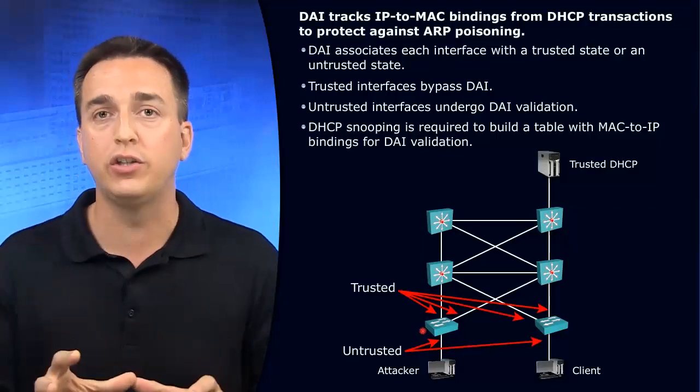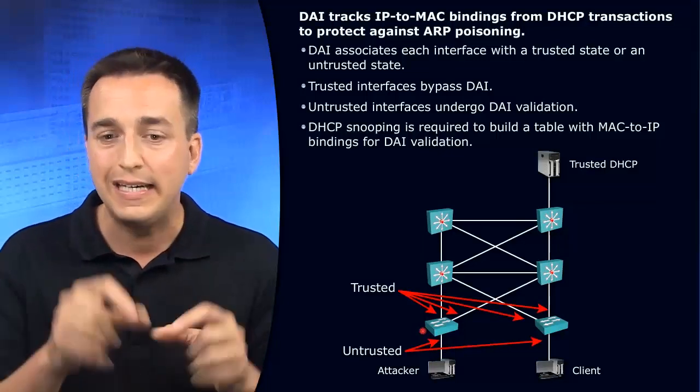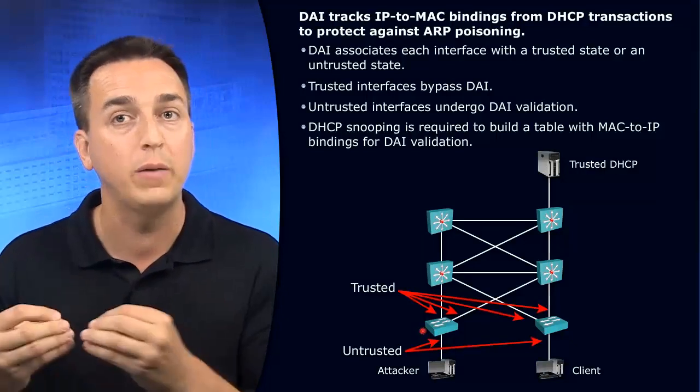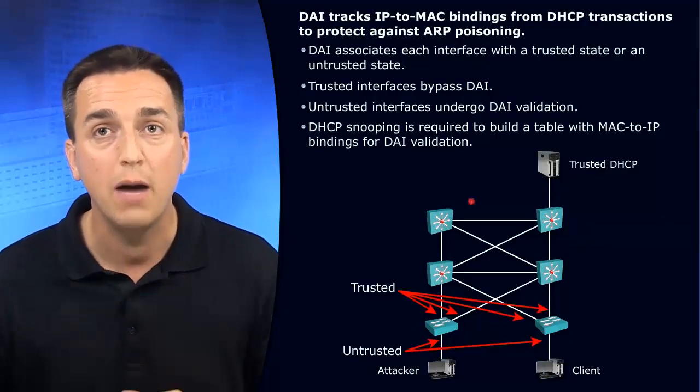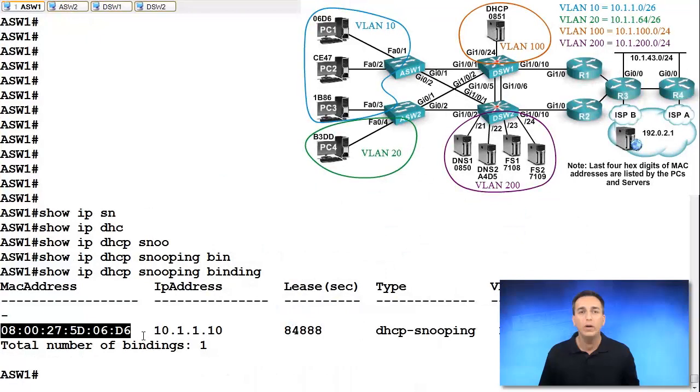And by doing so, we can verify that the information in those requests and replies match up to the information within this binding table. So if a gratuitous ARP is sent from PC1 stating, I am so-and-so with this MAC address, and it doesn't match this, then it's stopped right there. We have a violation on our hands because of that.